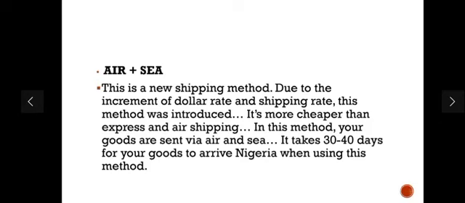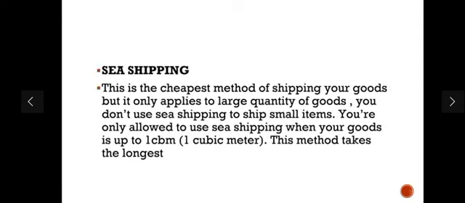So what it means is that you tell your buying agent or your shipping agent that you want to use the air plus sea shipping method. Literally your goods or products are divided into two. Some are sent via air while the others are sent by ship. So altogether it takes about 30 to 40 days before your goods arrive in Nigeria.